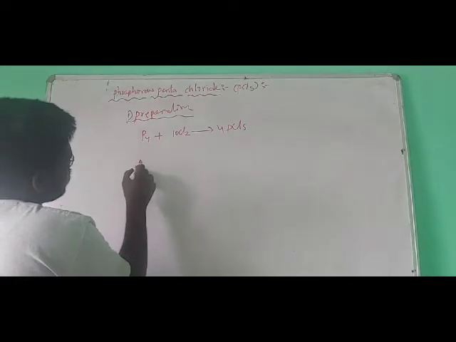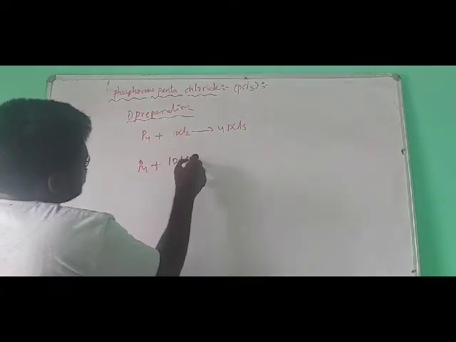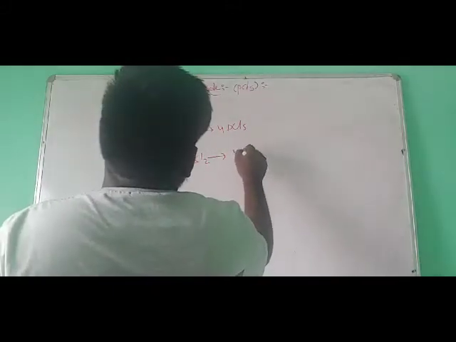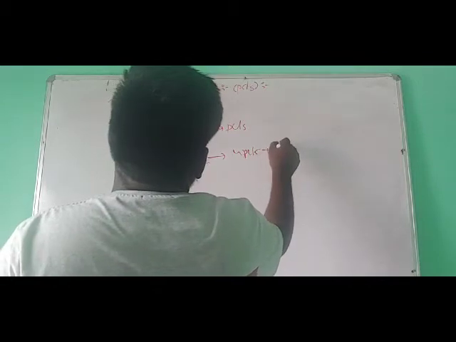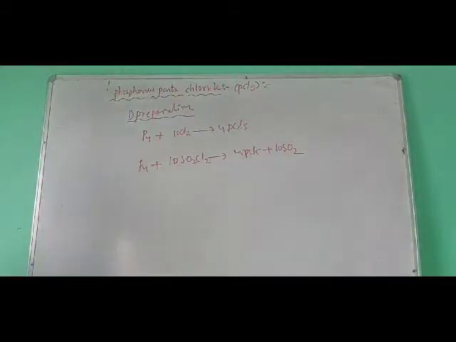And next, by treating white phosphorus with 10 moles of SO2Cl2, we can get 4 moles of PCl5, and we can get 10 moles of SO2 gas. Right? So in this way we can prepare phosphorus pentachloride.